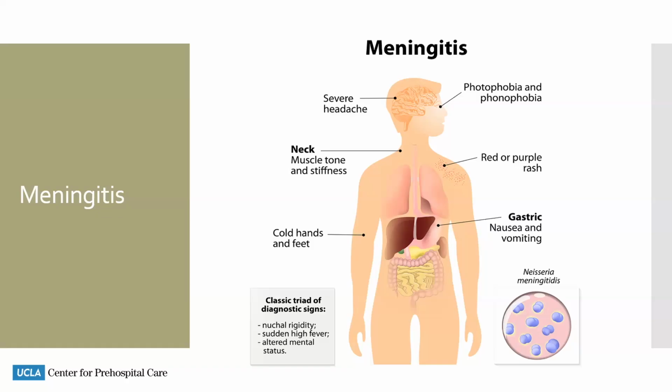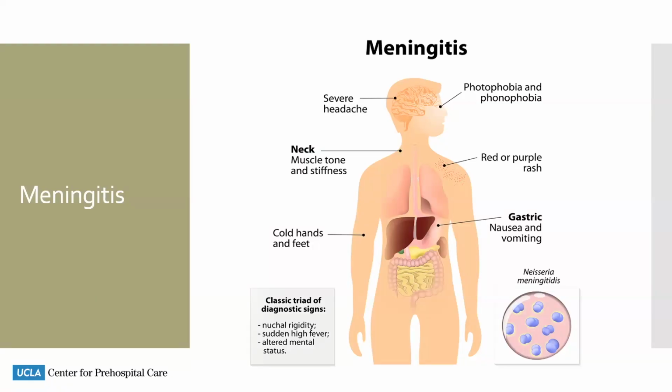And if you ever suspect meningitis, mask, okay? Because meningitis is spread via respiratory droplets, okay? So make sure you wear your mask. And if the patient can tolerate it, put a mask on them. And if you haven't had a mask on and then you decide, oh yeah, I think it's meningitis, then you need to tell your supervisors because you're probably going to have to be on prophylactic antibiotics.